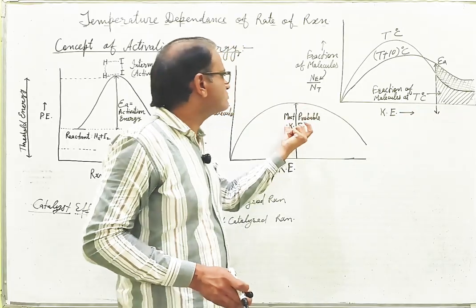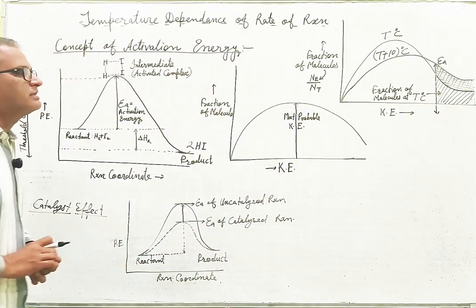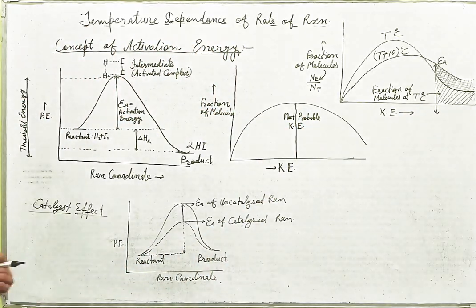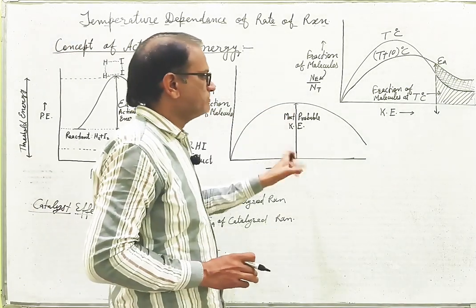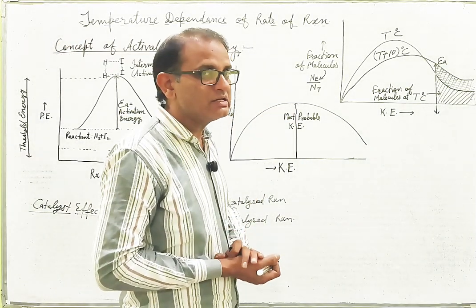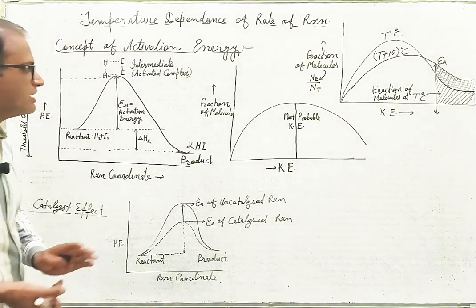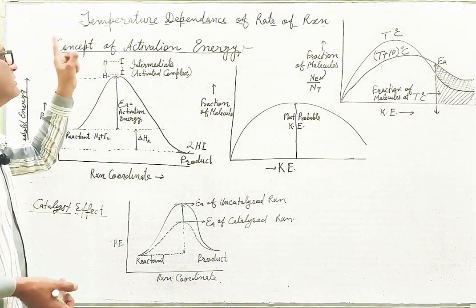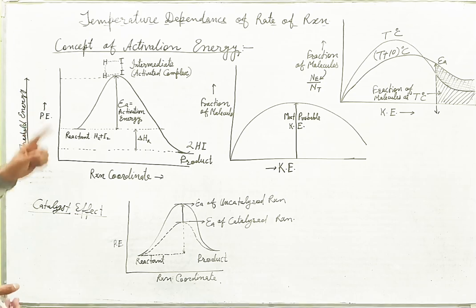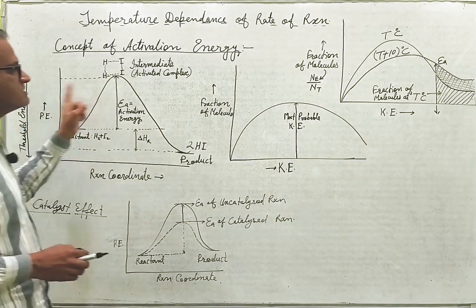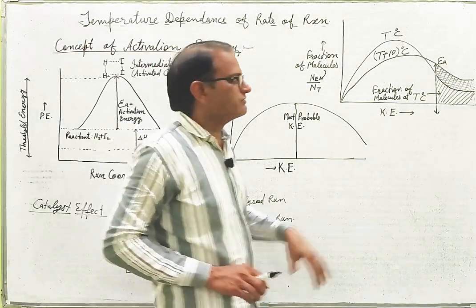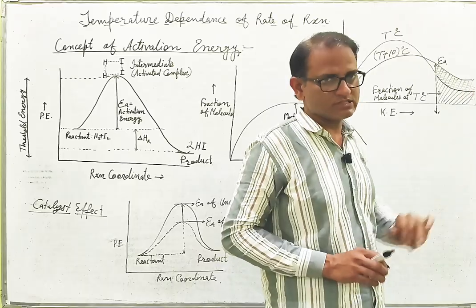Okay, what is most probable kinetic energy? The kinetic energy where the fraction of molecules is maximum. That is what is called most probable kinetic energy. So in this discussion, what is the conclusion? That activation energy actually decides how the fraction of molecules is increasing.